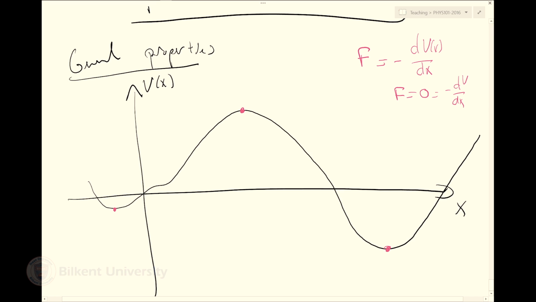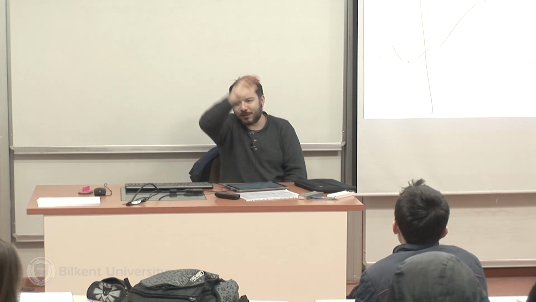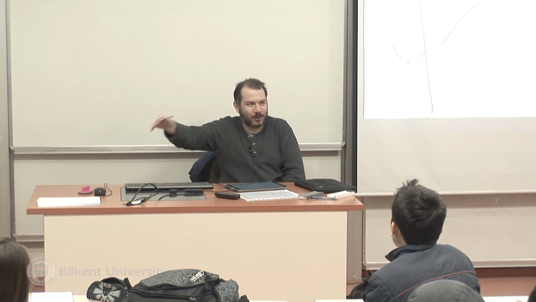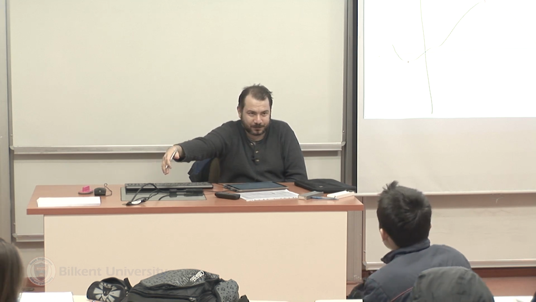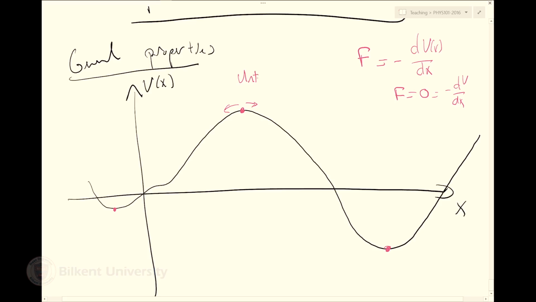I don't think there is a maximum or minimum there. So, but there are two different kinds of equilibrium positions. If I'm at the top of a hill, if I actually give this mass a little bit of displacement, what will happen? It will just fall down the hill, right? It will actually try to go and sample places where there is lower potential. So such a point is called an unstable equilibrium.